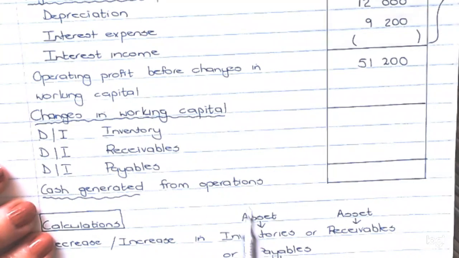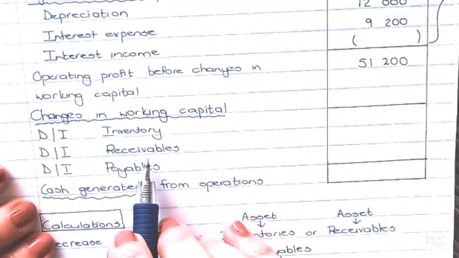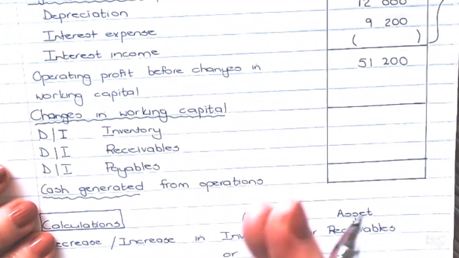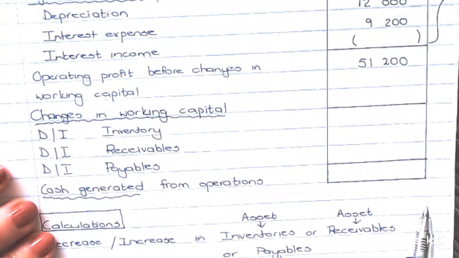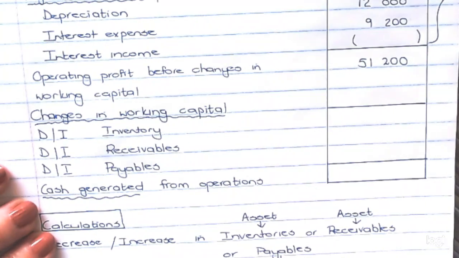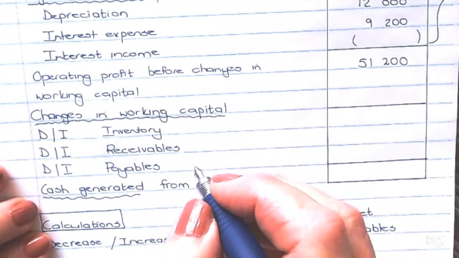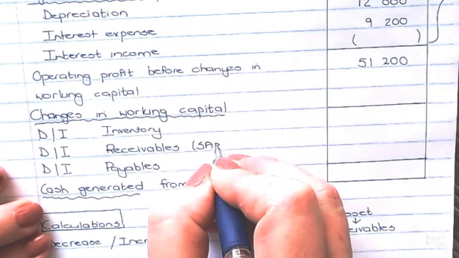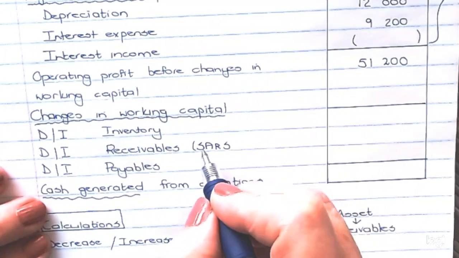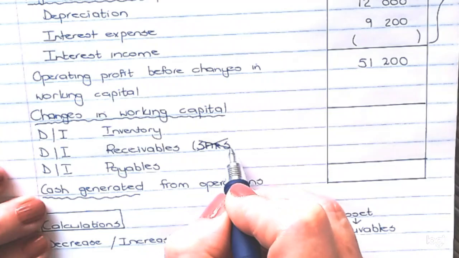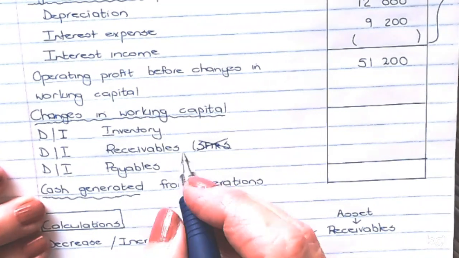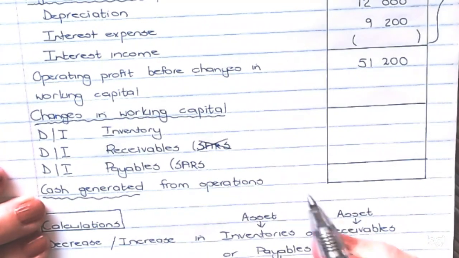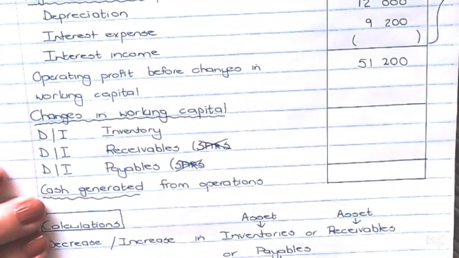And again, guys, when we get here, inventory is straightforward, but receivables and payables, they exclude certain entries. Receivables is not the debtors only, and we must be very careful. If SARS falls under your receivables in your information, you have to exclude SARS. If SARS falls under your payables in your information, you need to exclude SARS.